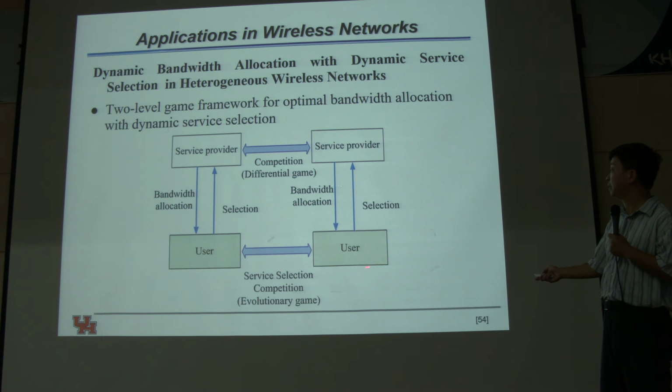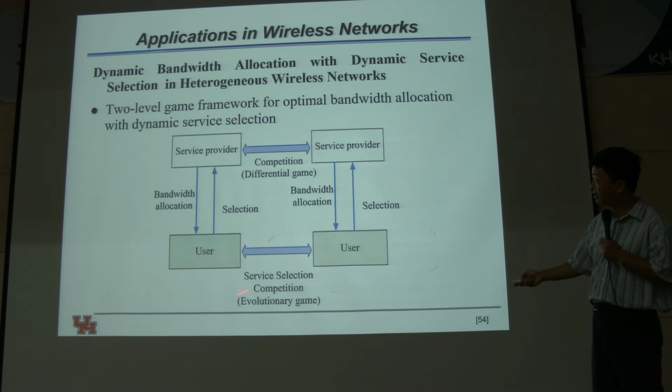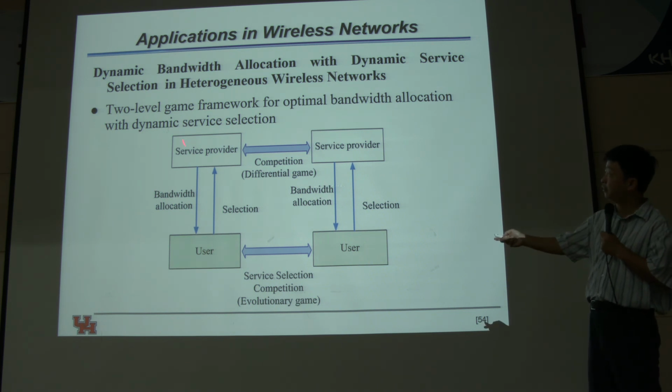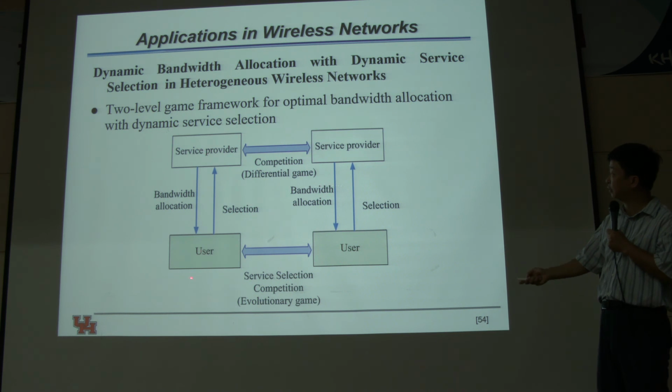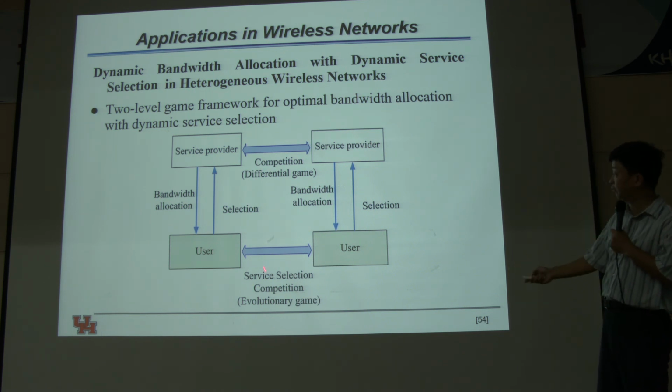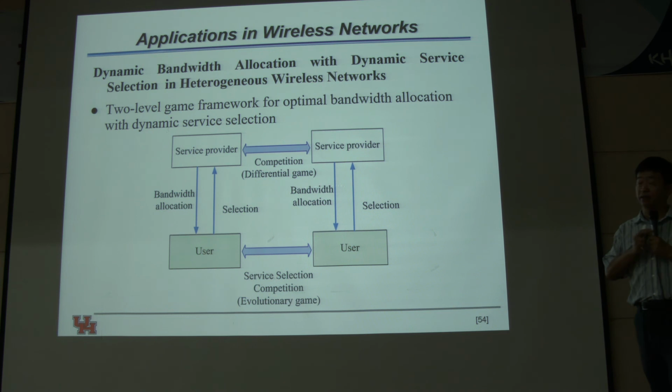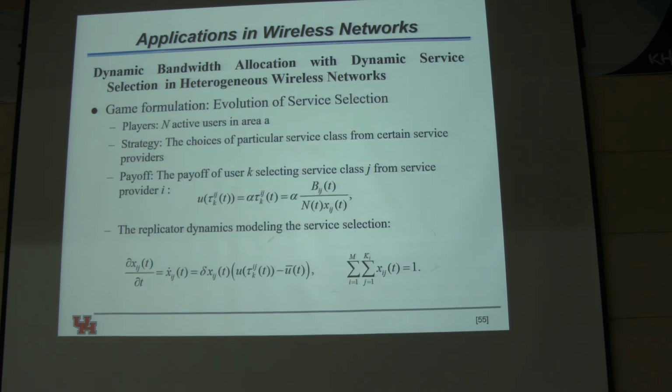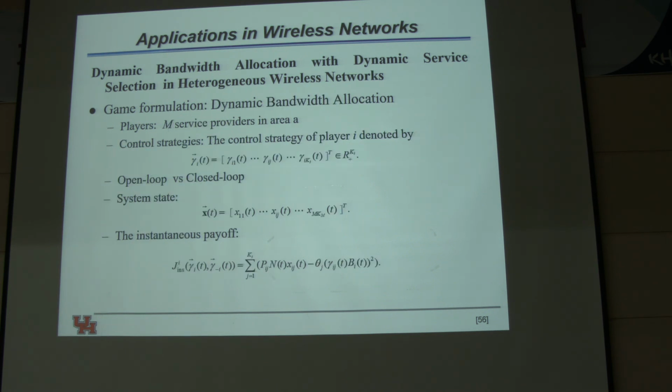Here it means the population of customers for a specific service provider will change, depending on how much service it can provide. Below is the evolutionary game, and above is the differential game. For the evolutionary game, I skip a little bit because I will talk about it in the next class.